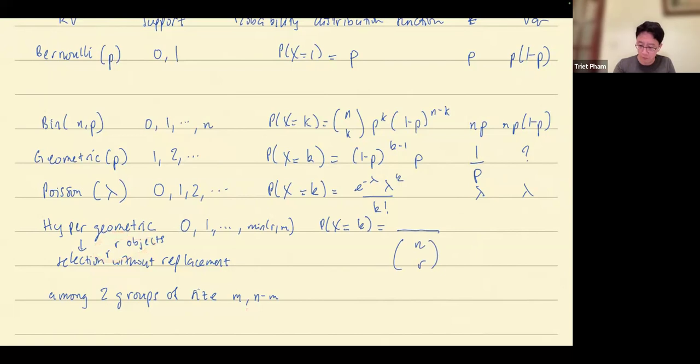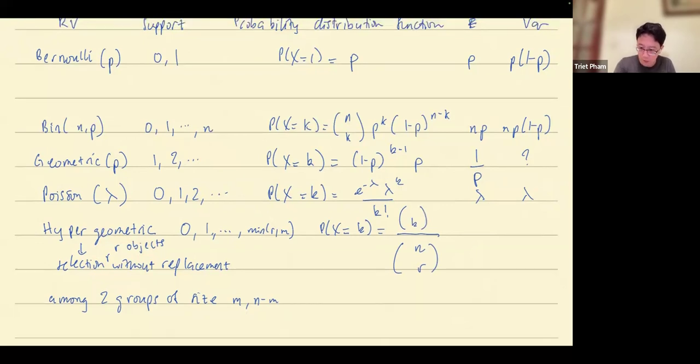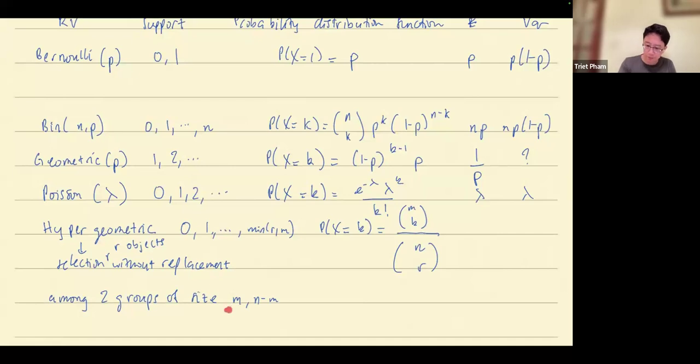Now, the numerator: out of m objects in the first group, you want k objects to be in the first group, which leaves you with the remaining ones, which must be from the second group. Okay. So it's a combinatorics kind of calculation, has to do with selection without replacement. It shows up once in a while. So we should know it, but when it comes to it, we're probably just gonna do a combinatorics calculation.